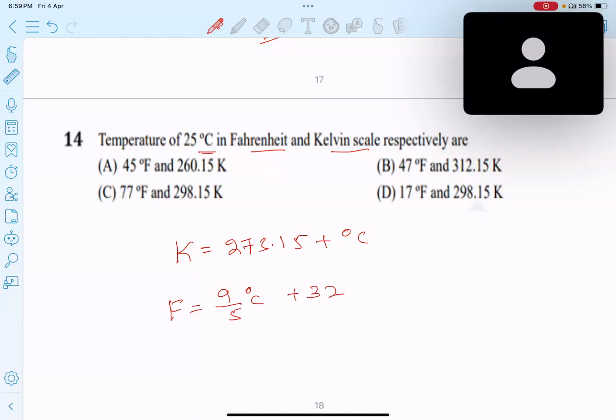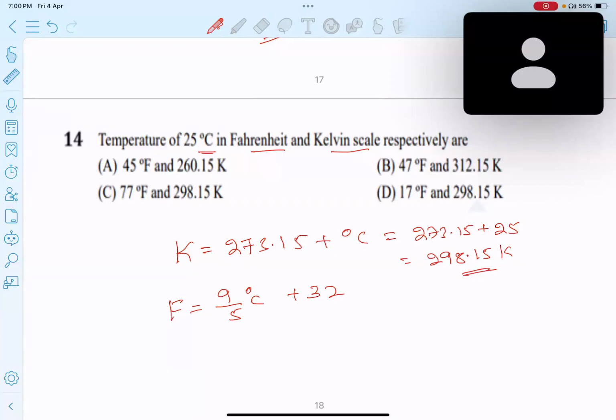So let us calculate Kelvin first. 273.15 plus 25 degrees Celsius, that is 298.15 Kelvin.